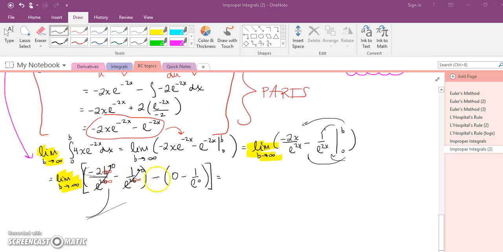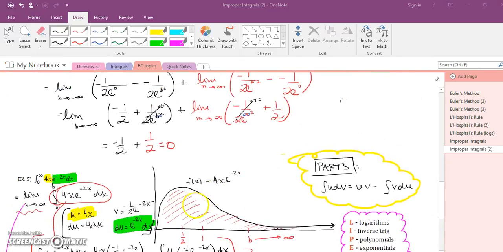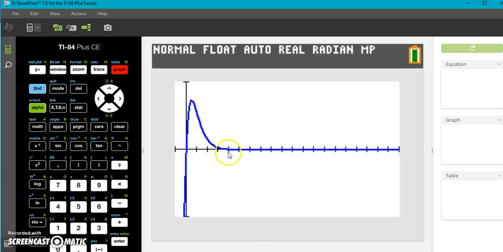So I have 0, then obviously that's 0, forget about him, minus negative 1 over e to the 0. Well, e to the 0 is 1, so minus a negative is a positive. Whew, all that work, and we found out that this integral exists. The integral converges, and this area from 0 all the way to infinity on this graph right here, the area under the graph is actually 1.